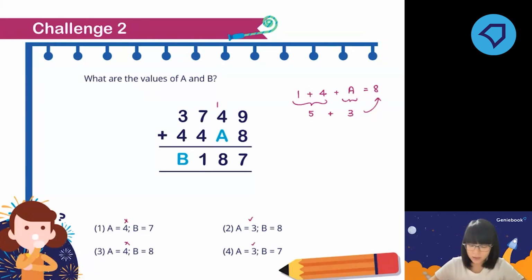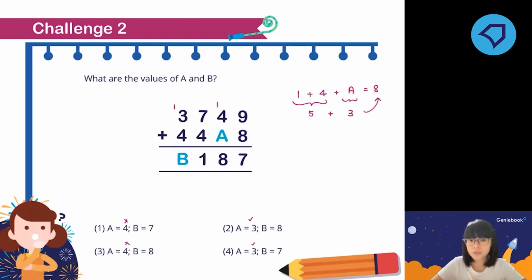7 plus 4, let's take a look over here in the hundreds place. 7 plus 4 is not equal to 1. 7 plus 4 is equal to 11. So we need to regroup the 1 to the thousands place.